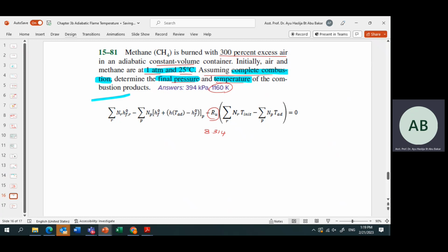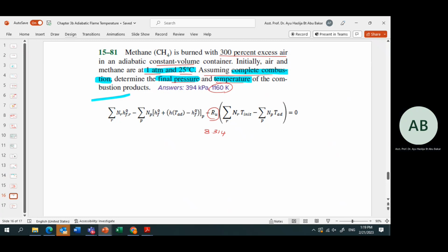At this stage, you just assume complete combustion, because in the later topic, you will be introduced to incomplete combustion. Okay, that one is a different calculation. So if the question doesn't mention whether complete or incomplete, you just assume complete.